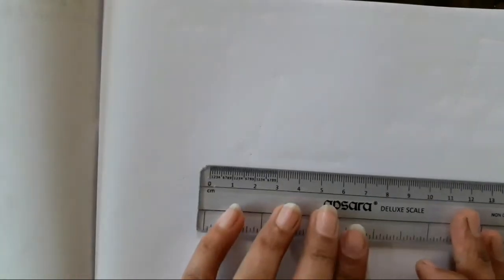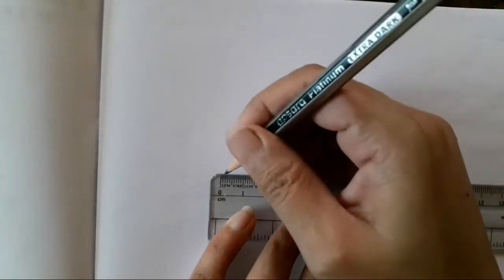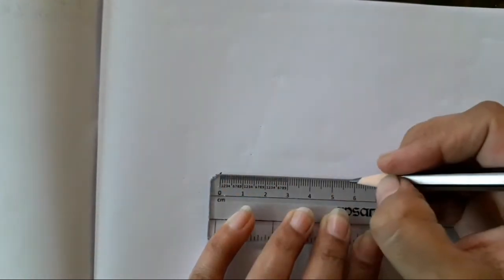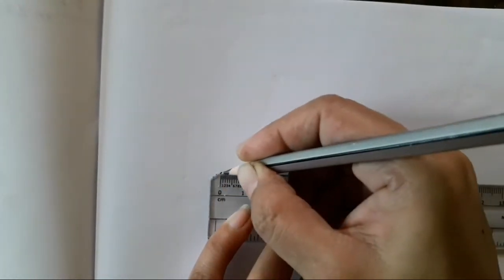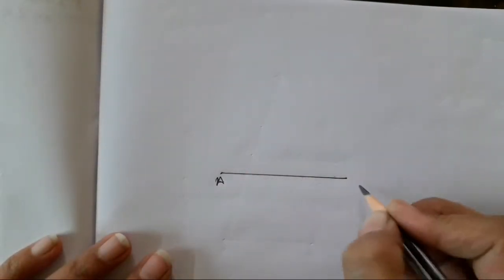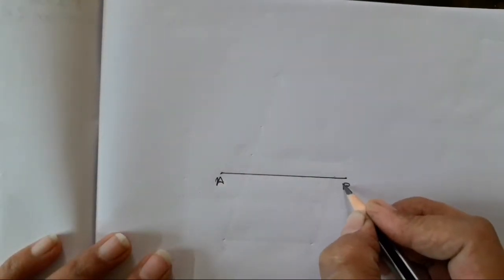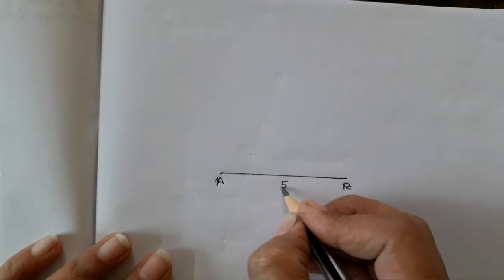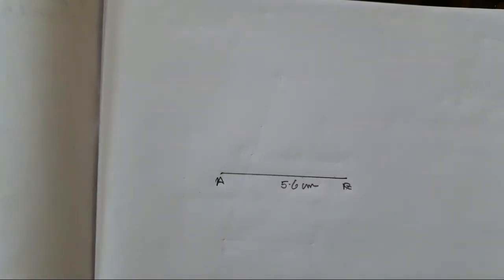Okay, so from the rough figure, first we will take how much? 5.6 centimeters. So 5.6 means this point and this point. Okay, first do the marking, children, so that you will come to know this is AR, which was 5.6 centimeters.